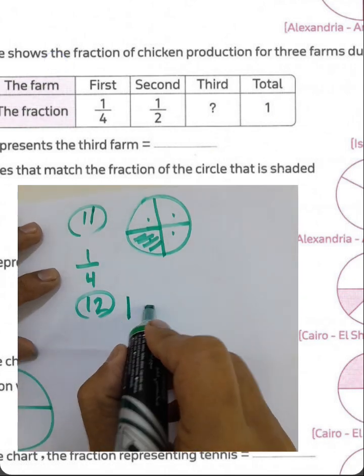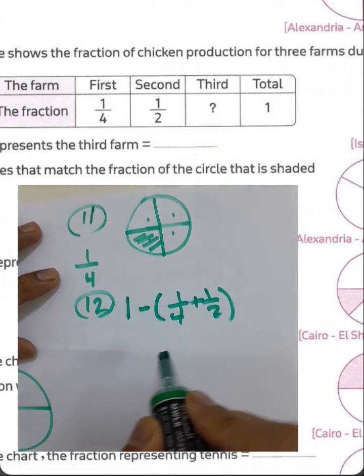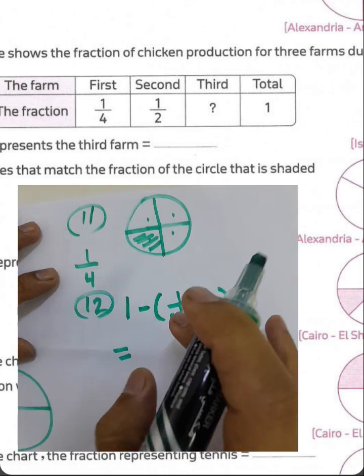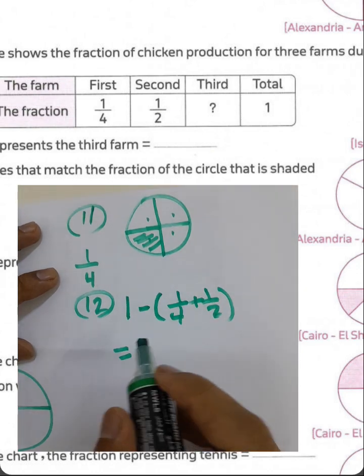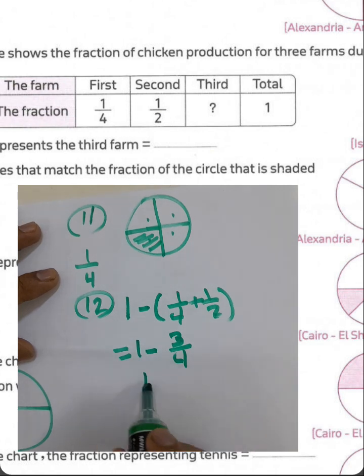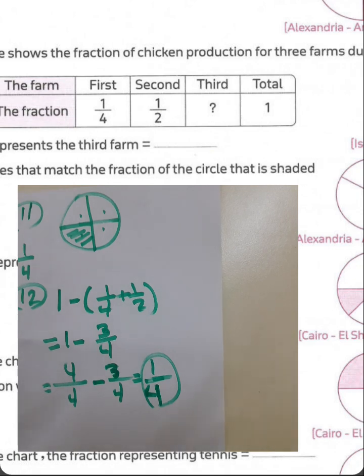Then you can write 1 subtract the sum of fourth and half. Then the difference between them will be fourth, because fourth plus half will be 3 over 4. Or you can write 1 subtract, fourth plus half, it will be 3 over 4. And 1 equals 4 over 4, subtract 3 over 4. The result will be 1 over 4. It's the difference between them. It was question 12.